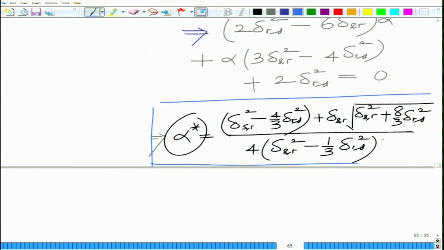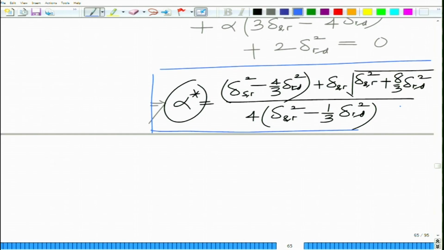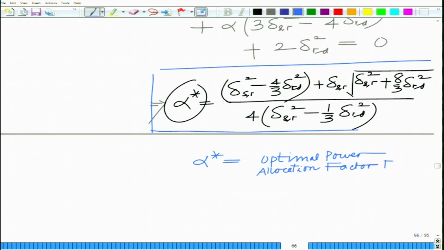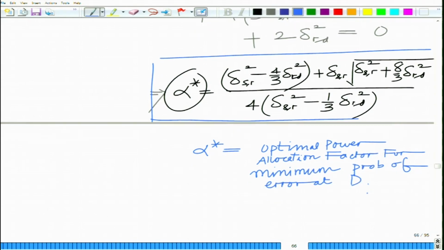You can say this is alpha star, the optimal power allocation factor for minimum probability of error at destination.